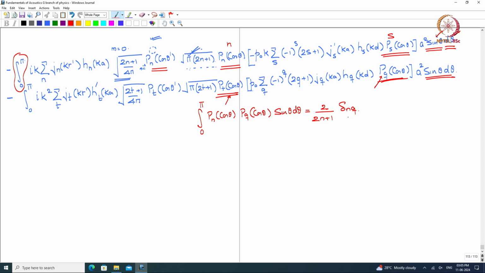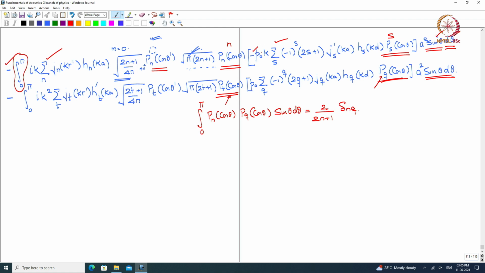So there are two sums over here. One is an n sum, one is a q sum. Of this only one sum will remain. So how will it look? It will look like this. I will use the minus here. It becomes plus.